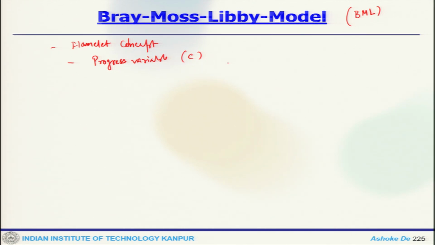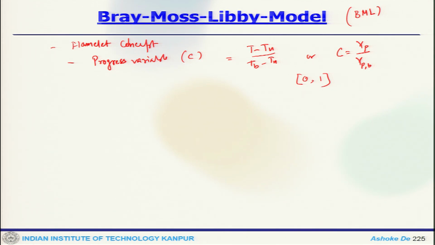Either C is defined in terms of temperature, T minus T unburned by T burned minus T unburned, or C can be defined in terms of product mass fraction, so that it scales between 0 and 1.